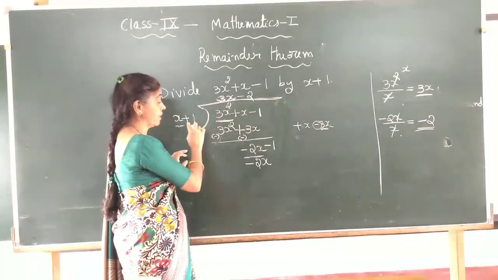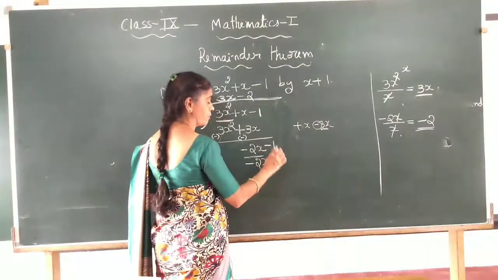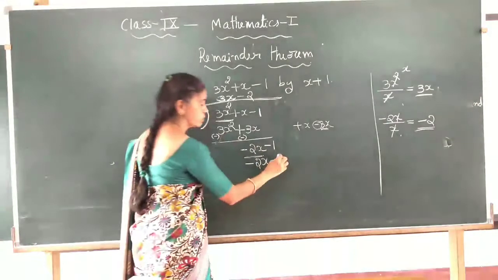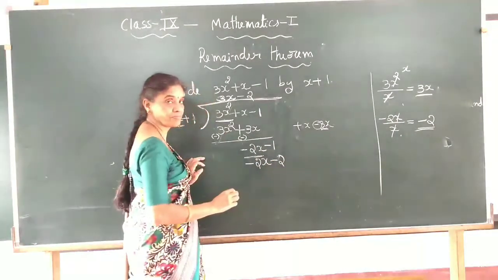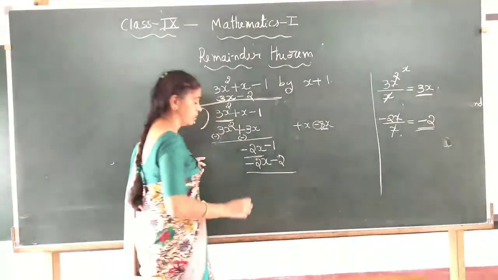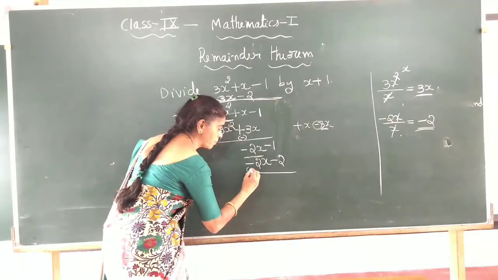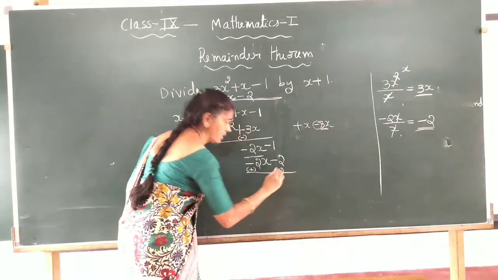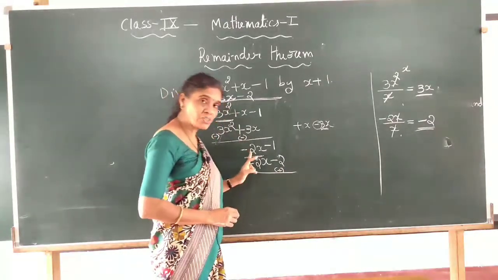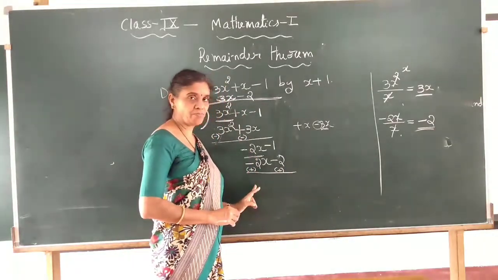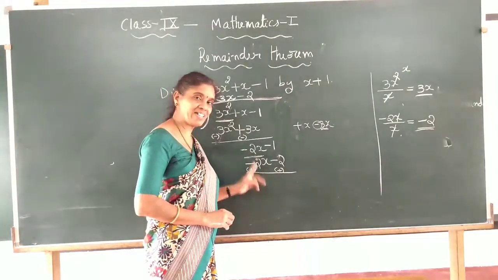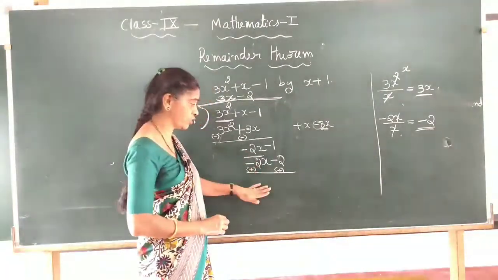So minus into plus is minus, rule of multiplication. 2 into 1, 2 ones are 2. Now change the sign before subtraction. Minus will change into plus and this minus will change into plus. Minus 2x plus 2x. One is plus, one is minus. So what is the difference of 2x and 2x? It cancels, 0. I won't write 0.